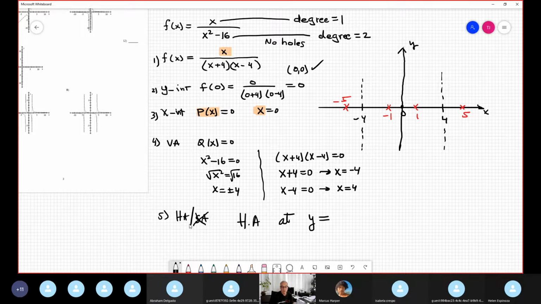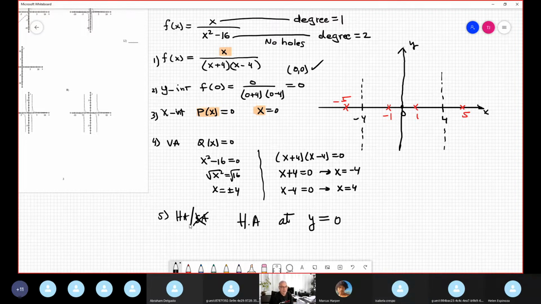At what value? Remember, guys, separate the horizontal: y equals 0? Exactly. How do you know, miss? Because the degree in the denominator is bigger than the degree in the numerator, and it's increasing faster. Exactly.